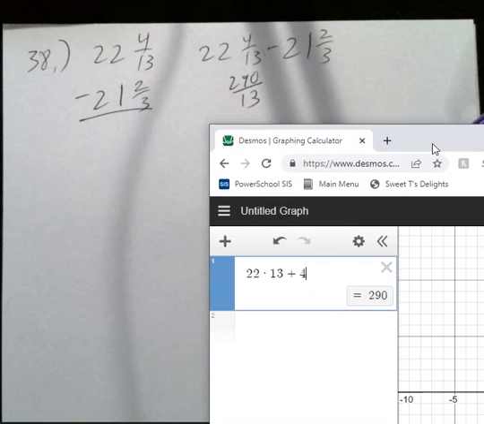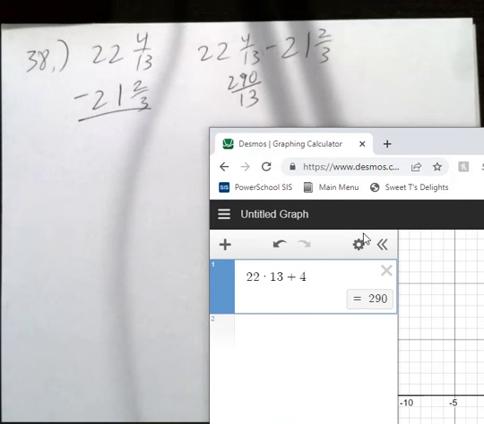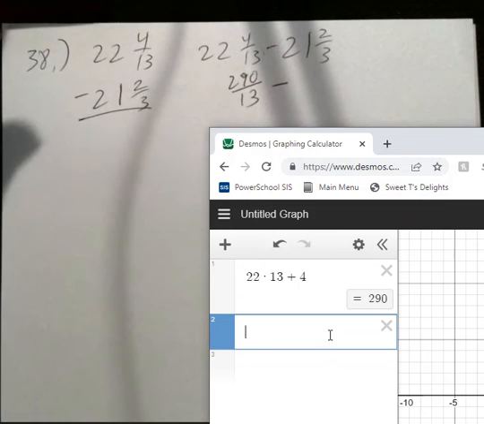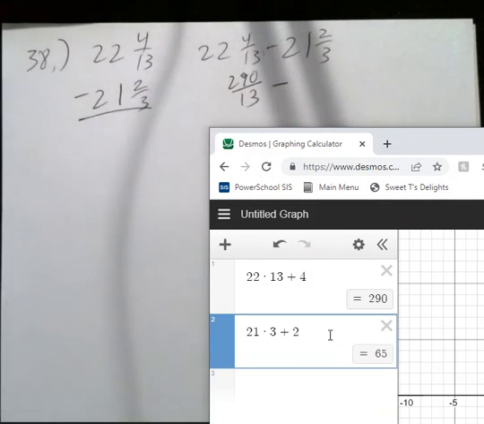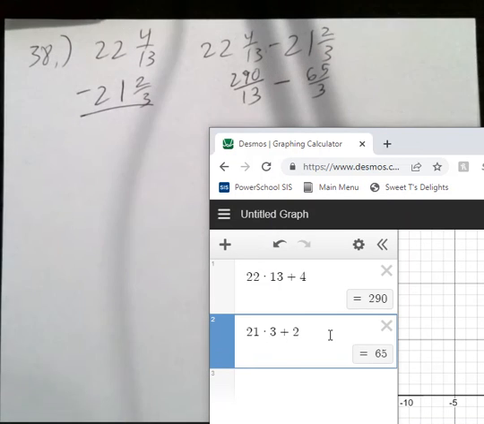So it'd be 290 in our numerator, because what we multiply here is what goes in the numerator. 22 times 13 plus 4. That goes in the numerator, denominator stays 13. Minus, we had 21 times 3 plus 2. So that'll be 65 over 3.